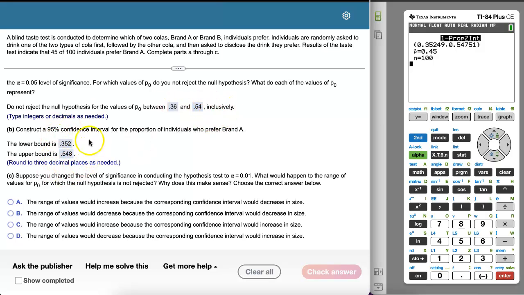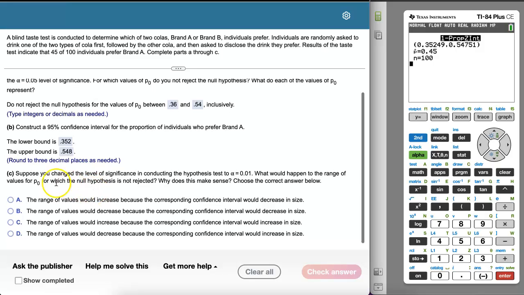So that would have been another way, actually a little bit quicker way, to find which of those proportions we would not reject.